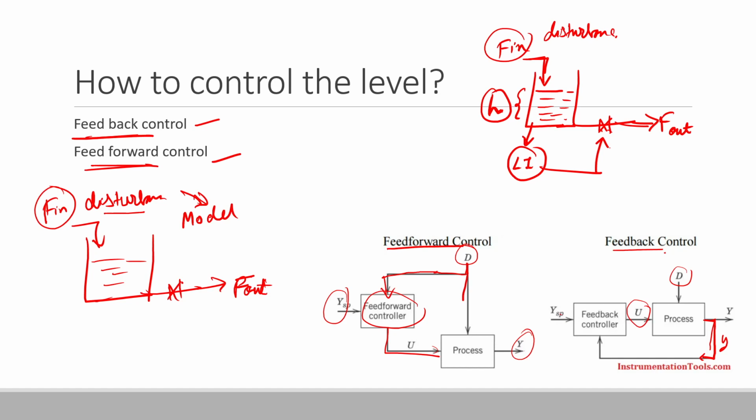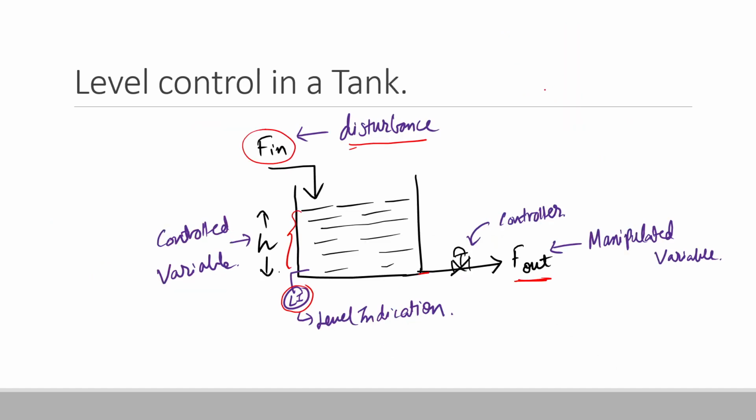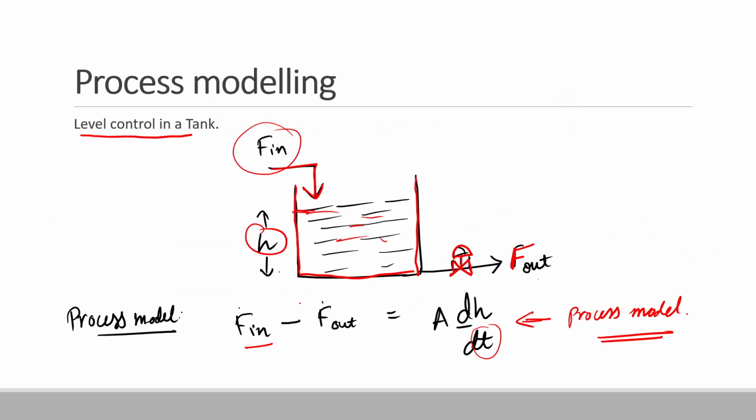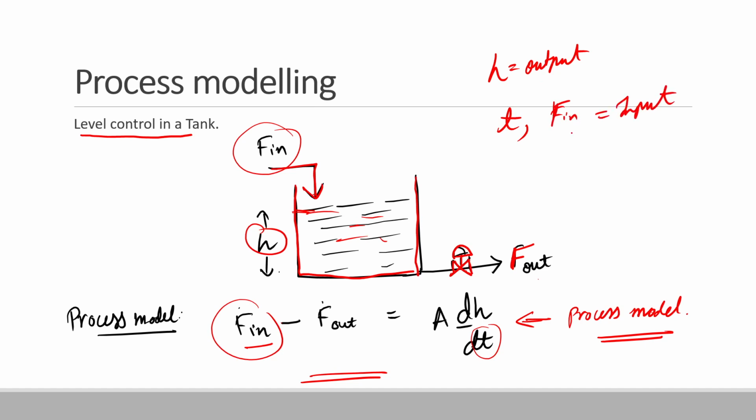So a prediction model can be a model. Over here we have this process model. If we take a look into this process model, H is the output of the system, and time as well as this F input are the inputs of the system. There can be additional inputs.